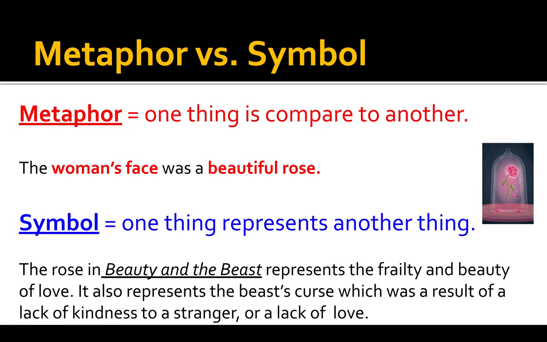So it makes sense that when it falls and it's getting destroyed, his chance for love and becoming back to his original beauty is diminishing. Hopefully right away you see a big difference in how I had to explain the symbol versus explaining a metaphor.